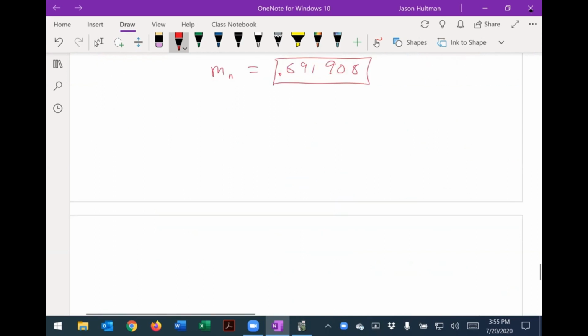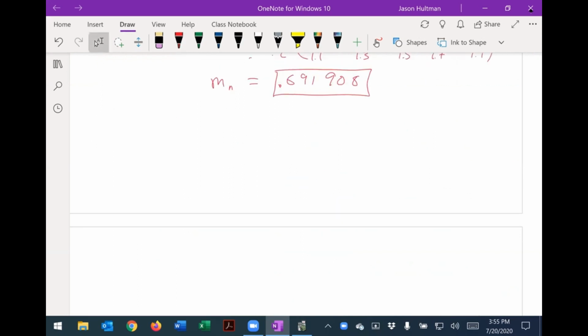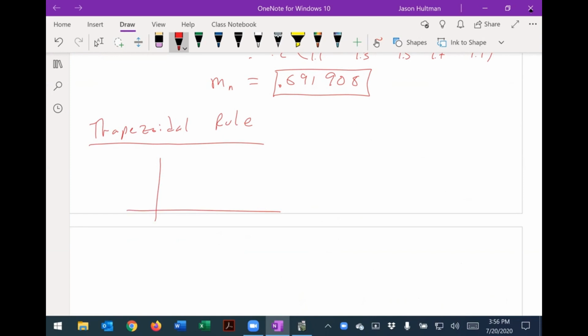Okay, so let's look at the next rule, which is the trapezoidal rule. So going back to this guy here, we want to do 4 divisions on him.